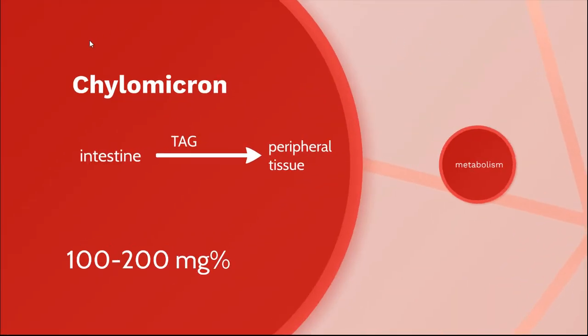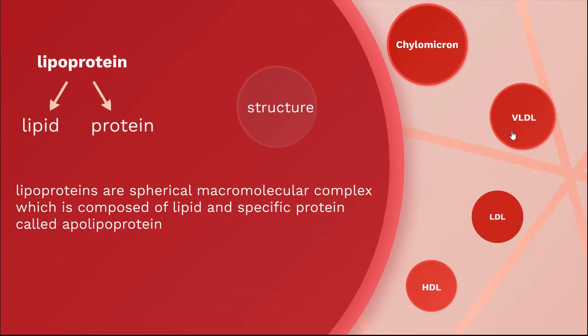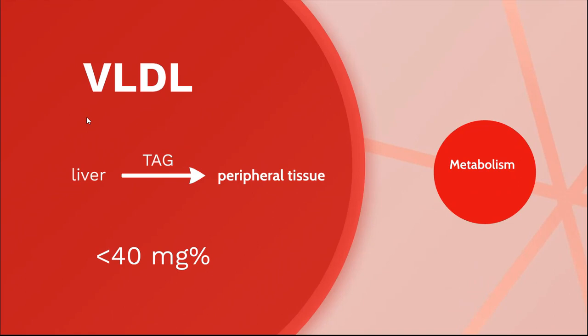The chylomicron originates in the intestine and its function is to transport triacylglycerol from the intestine to the peripheral tissue. The very low density lipoprotein originates in the liver and its function is to transport triacylglycerol from the liver to the peripheral tissue.